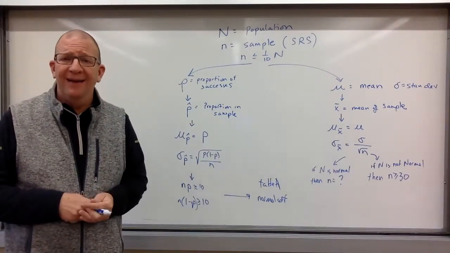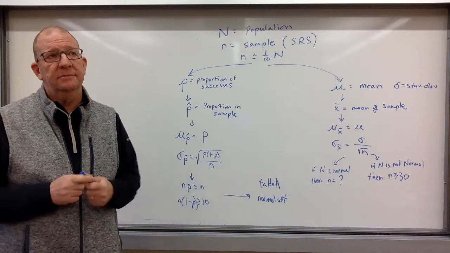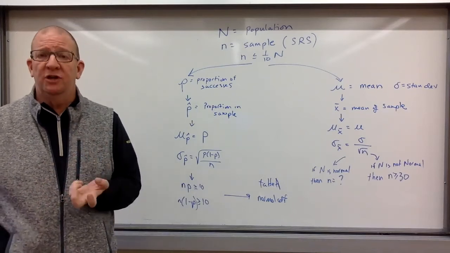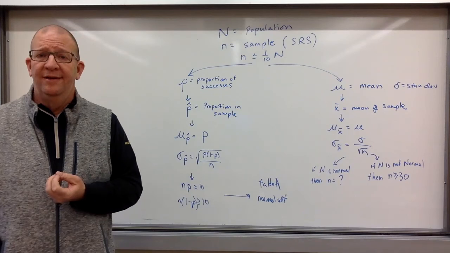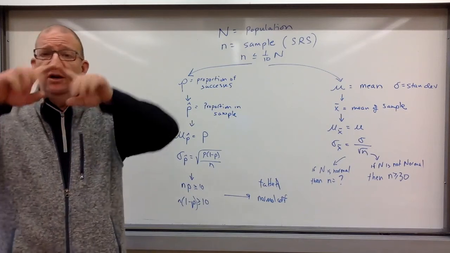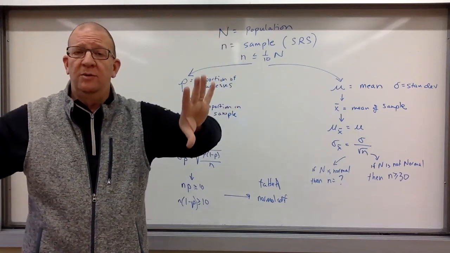I know, blows your mind, doesn't it? But it's like this. Let's use our length of songs on the iPhone example. Even though the lengths of songs are not normally distributed, right? You have a whole bunch of short ones and a few long ones.